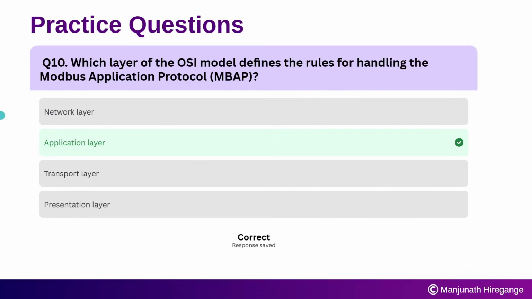The reason is the application layer is responsible for defining the rules and structure of protocols that enable communication between applications. The question asked about the Modbus application protocol, because it operates at the application layer, specifying the format and content of the requests and responses used in Modbus communication.